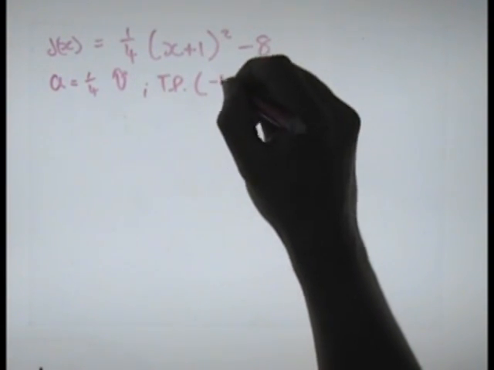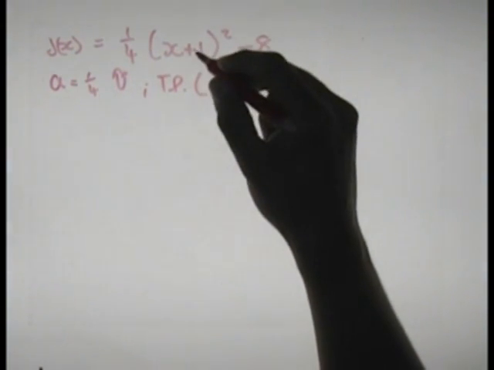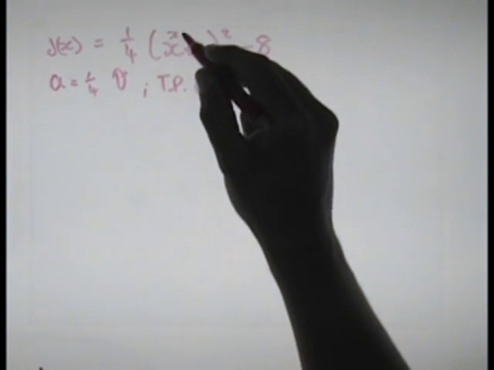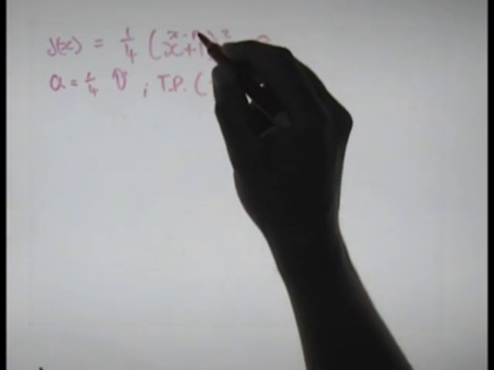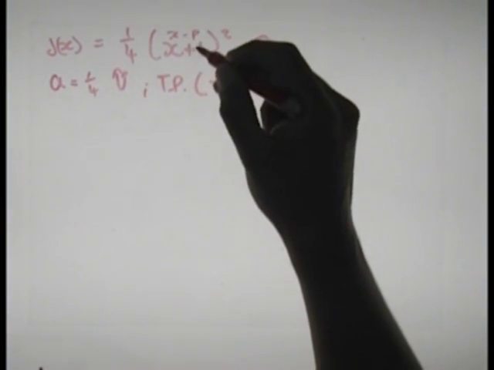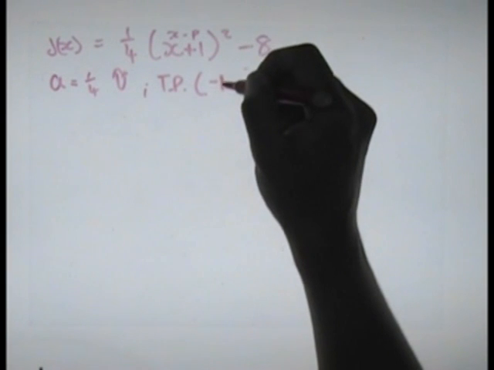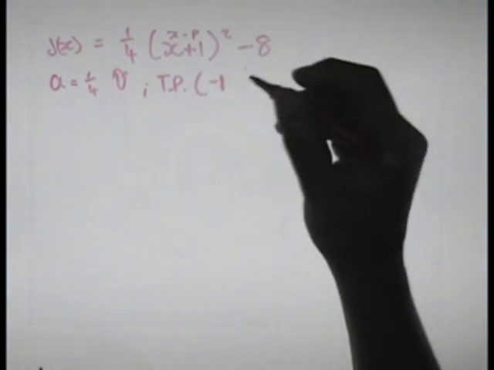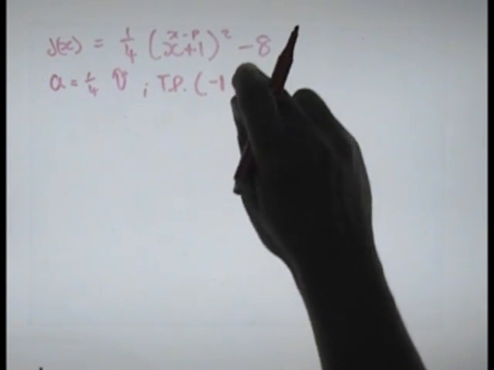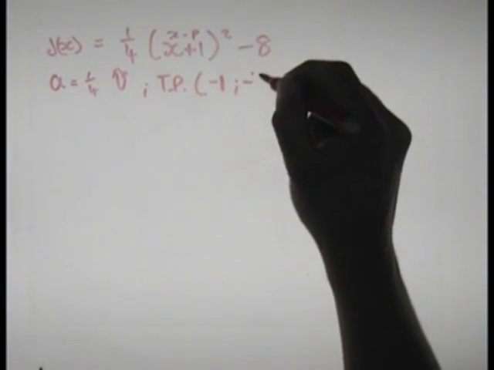My p value in this case is negative 1. The reason it's negative 1 is because the standard form is x minus p. So in order for that to be minus p, that value has to be negative 1. And my q value, or the y coordinate of my turning point, is negative 8.